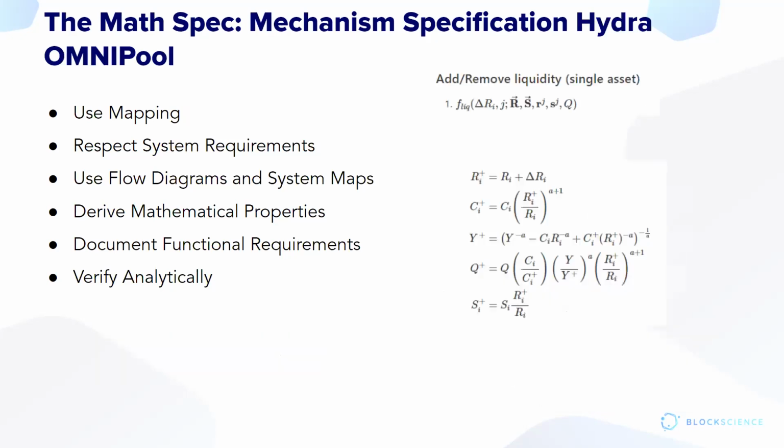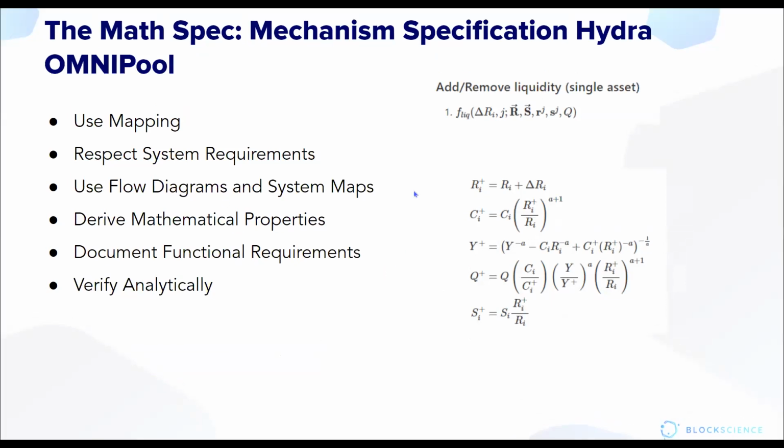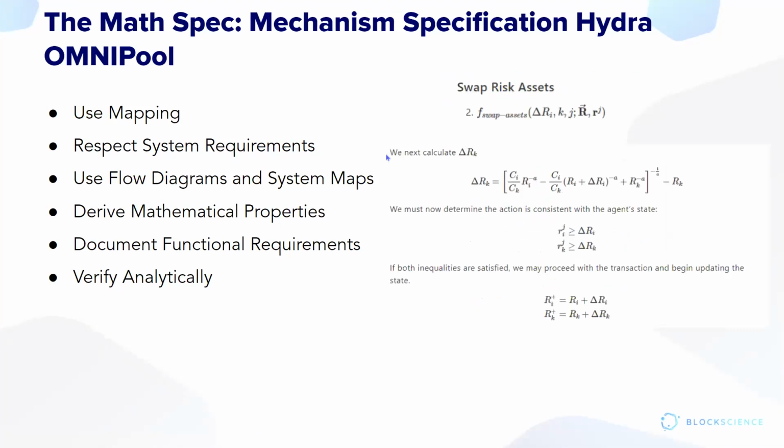I know you saw some of this last week as well. Here's the mechanism for adding and removing liquidity. We think of the set of state variables that are updated, providing that state transition, so this is what happens. Again, I'm presenting it as it's done, versus how you do the math.